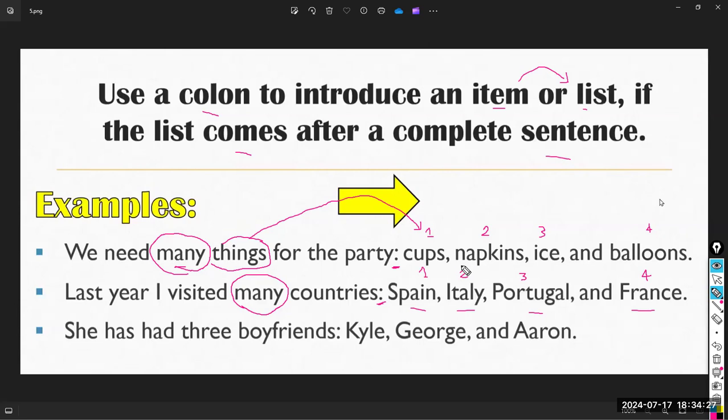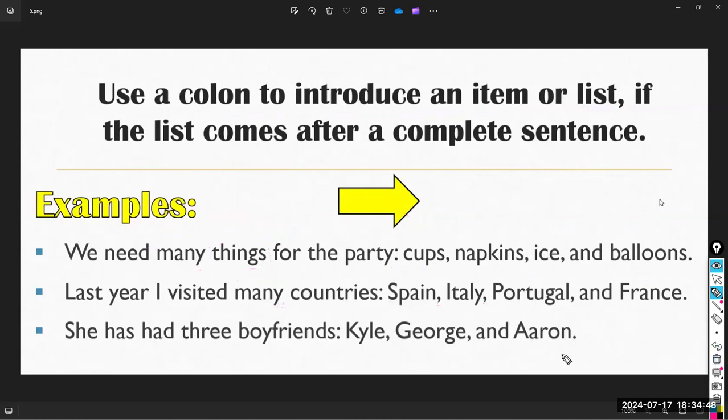And don't forget, Malak, that I have to write commas to separate the items. Yeah, as we explained in using the comma, because we have to use the comma if we are talking about three items or more.